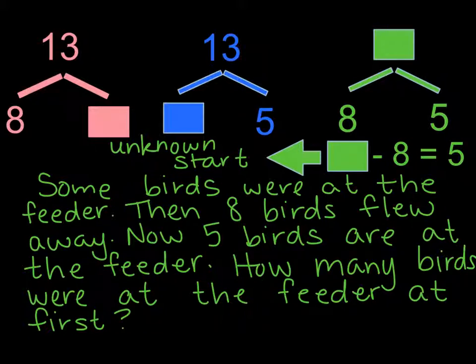Both partners, 8 and 5, are in the story problem, and the question asks for how many birds were at the feeder at first. The question is asking for the total amount.